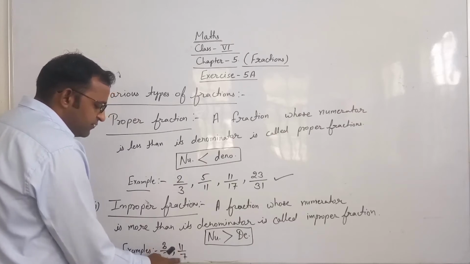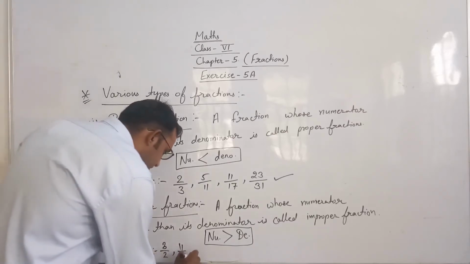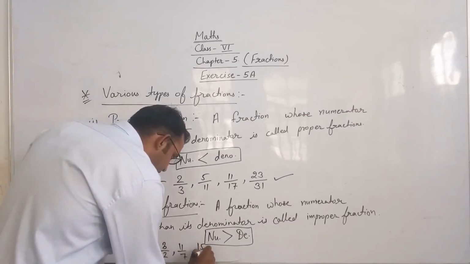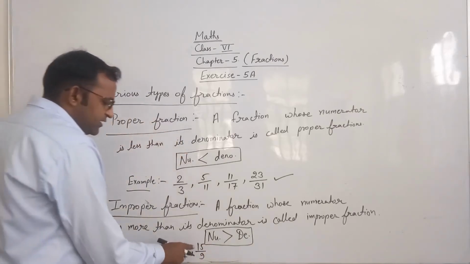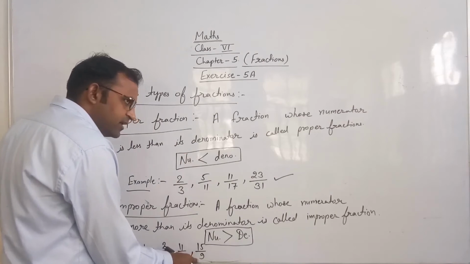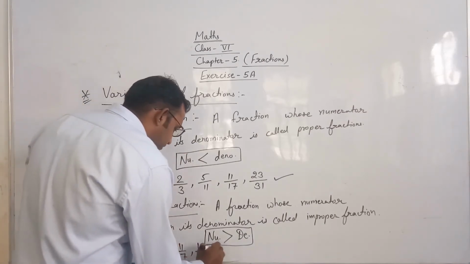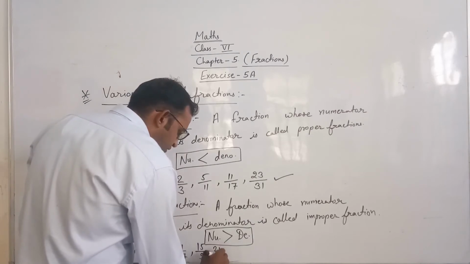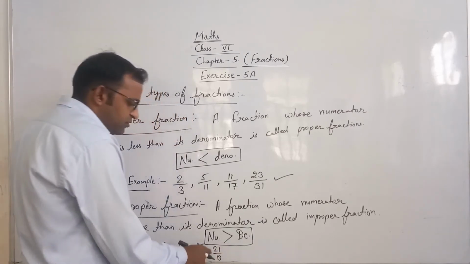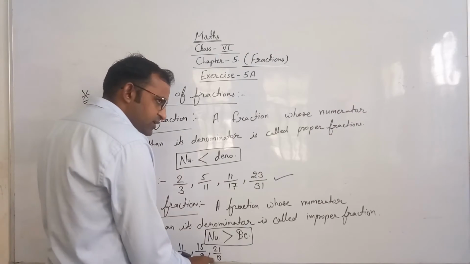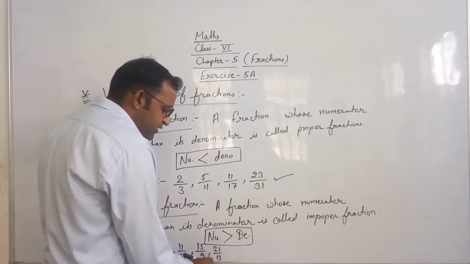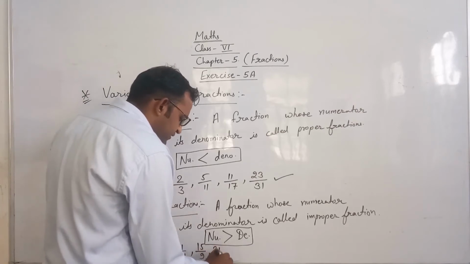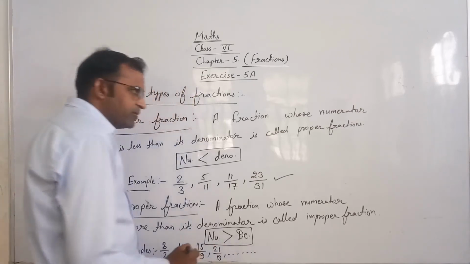So 11/7 is an improper fraction. 15/9. So numerator is 15 and denominator is 9. So 15 is more than 9. 21/13. So numerator is 21 and denominator is 13. So 21 is more than 13. So 21/13 is an improper fraction. So all are improper fractions.